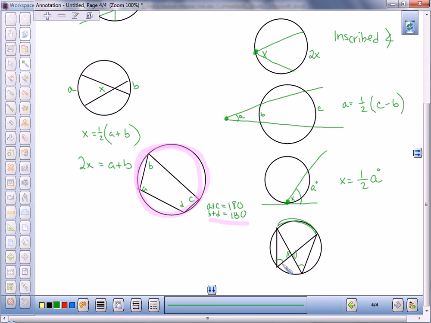Okay, I think I did it. I think I went over everything. So let's look on page 179 and let's try a couple of these. Let's do number 2.